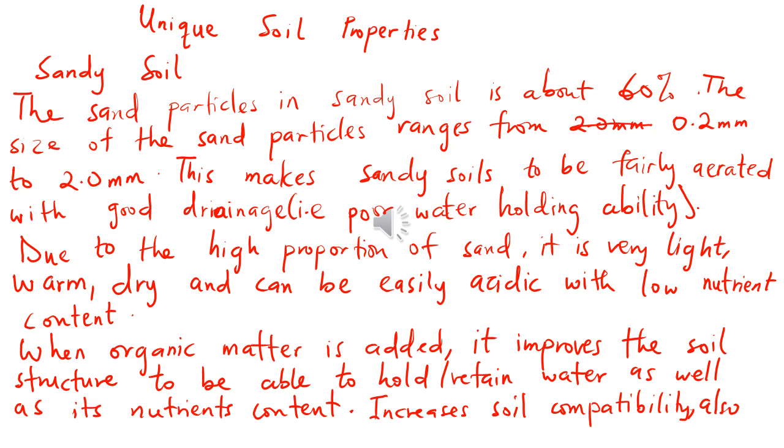So if the soil has this property, it can easily prevent erosion. When the soil particles are held together, it is difficult for erosion to take place. So these are some of the things we have to note down about sandy soil.